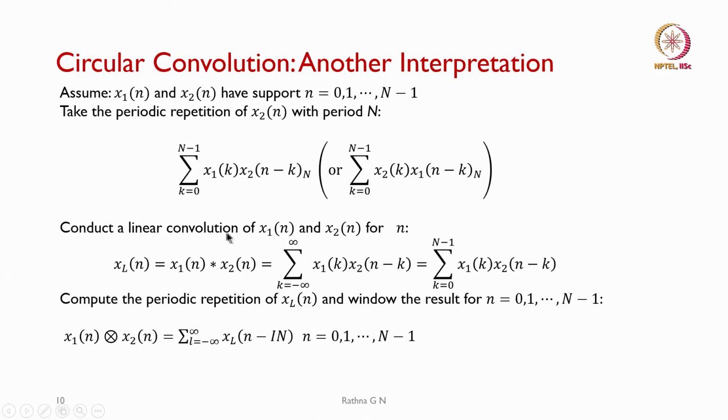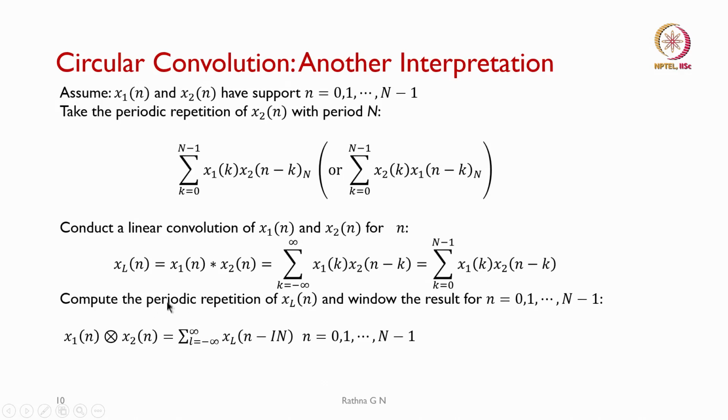We do the linear convolution of x1 and x2 for n. So, x_l, the linear convolution, is given by x1 of n linearly convolved with x2 of n. The equation is minus infinity to infinity, which is reduced to k equal to 0 to N minus 1 for implementation, x1 of k into x2 of (n minus k).